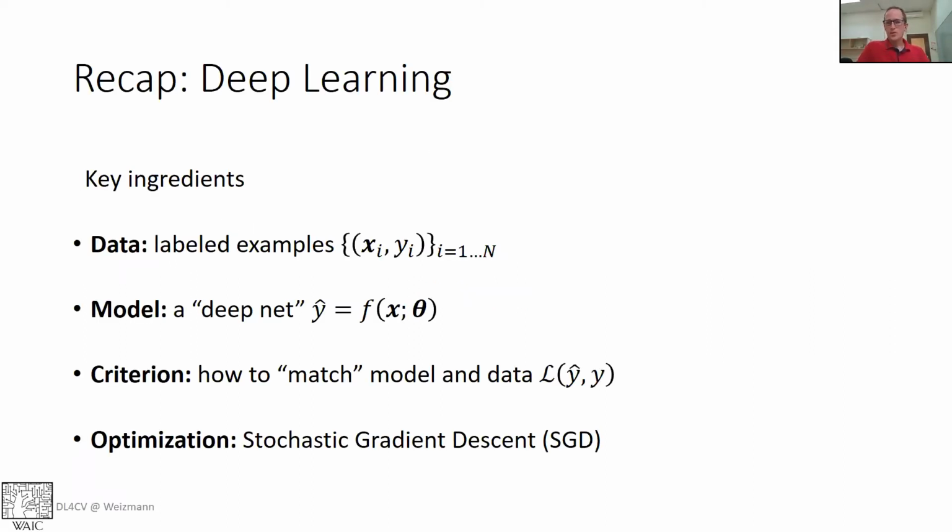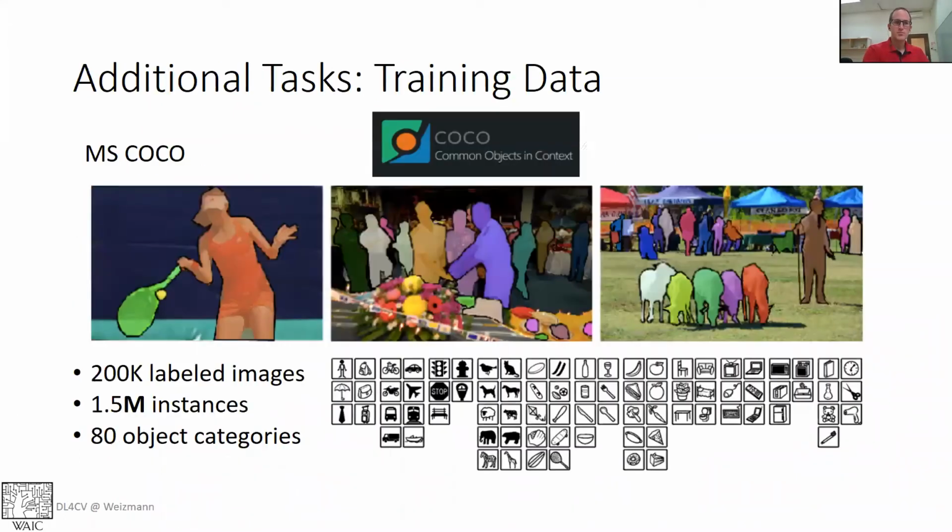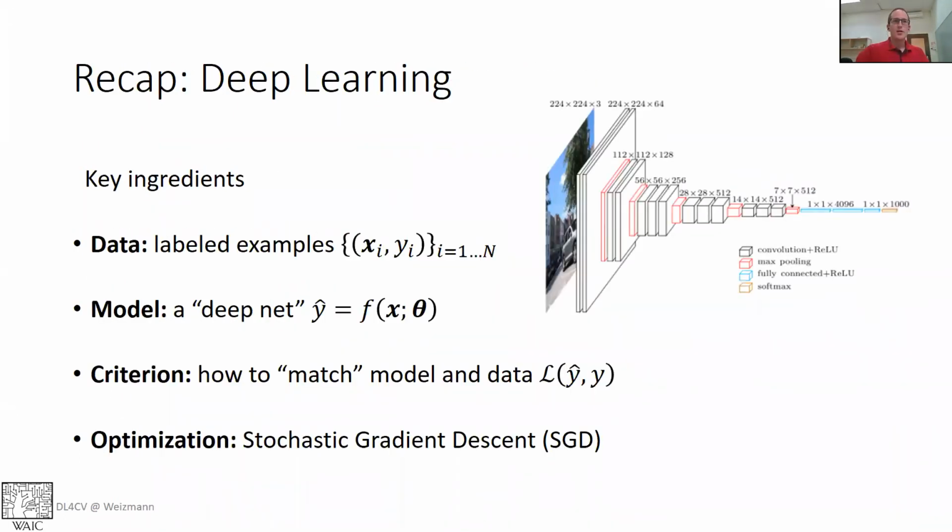What we covered in the previous lectures was the basic task of image classification in the context of deep learning. We have plenty of training images, like ImageNet. We used deep convolutional networks as the model for our classification.